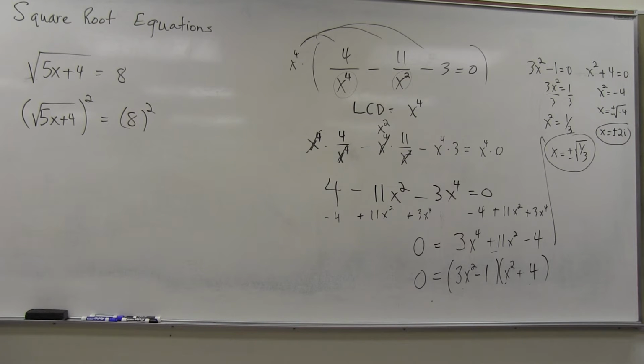That's why we square both sides, because that cancels out the square root and makes it 5x plus 4. And of course, on this side, we have 64. It doesn't cancel out, it's just 8 squared, 64. Now it's just a linear equation. So that's the goal, to get rid of the square root. Then you can solve it like you have other equations.